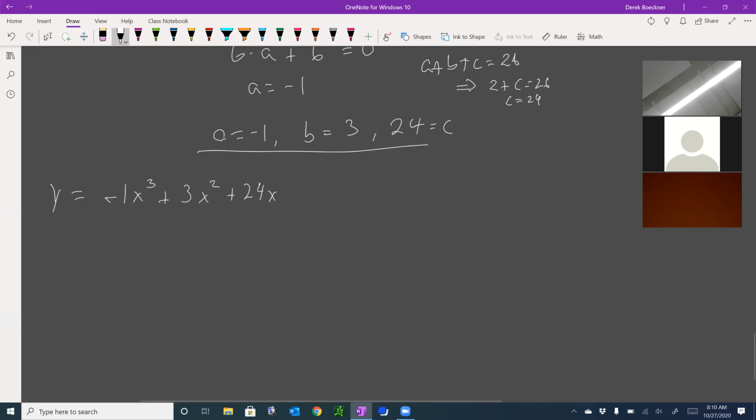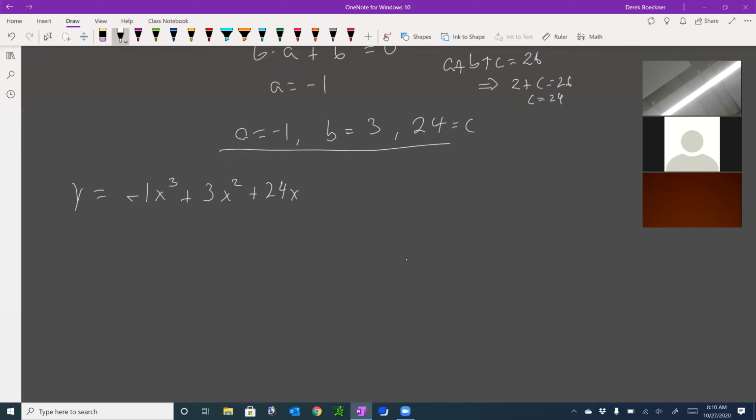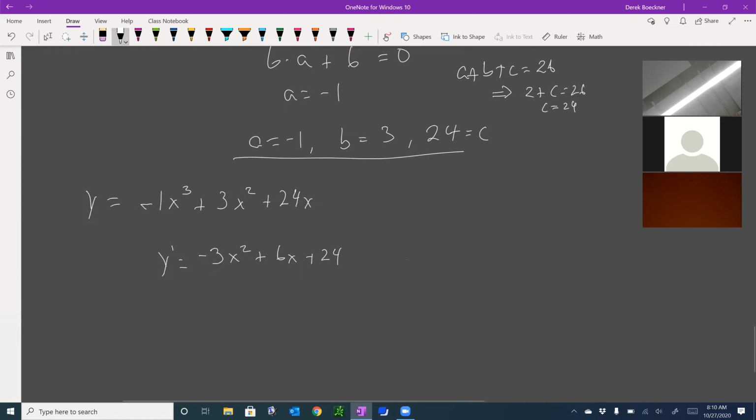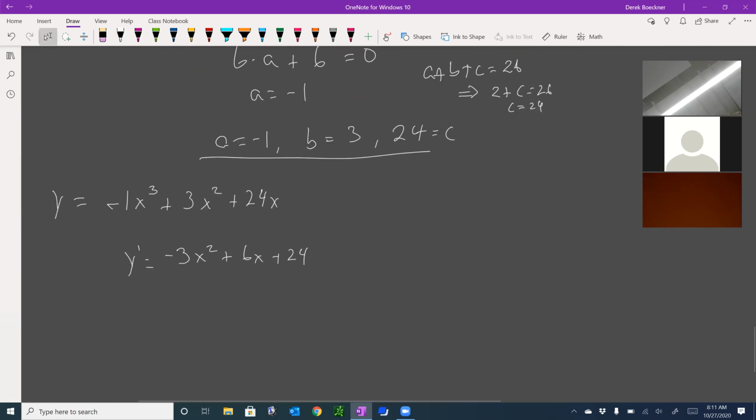Let's check and see that our derivatives work. So for the derivatives, y prime is equal to minus 3x squared plus 6x plus 24. So I need to factor this.